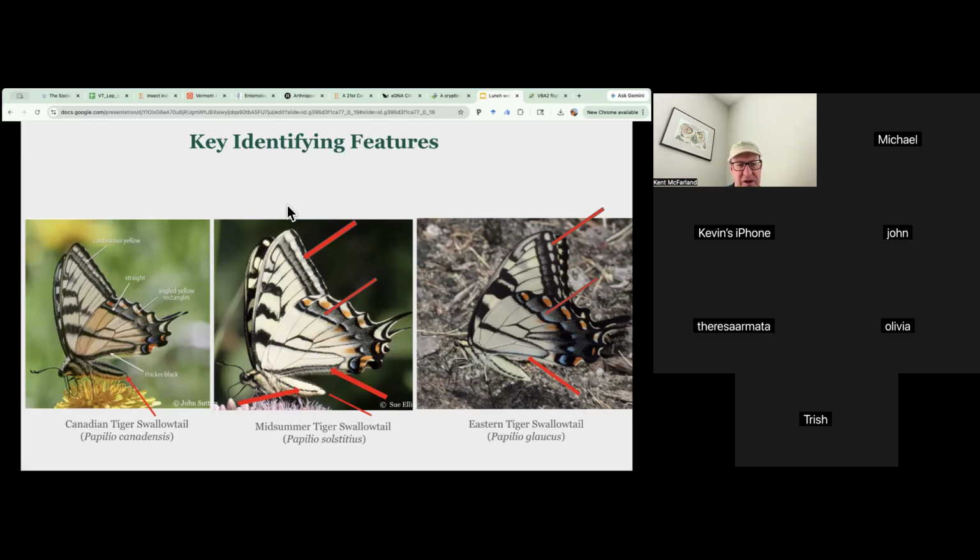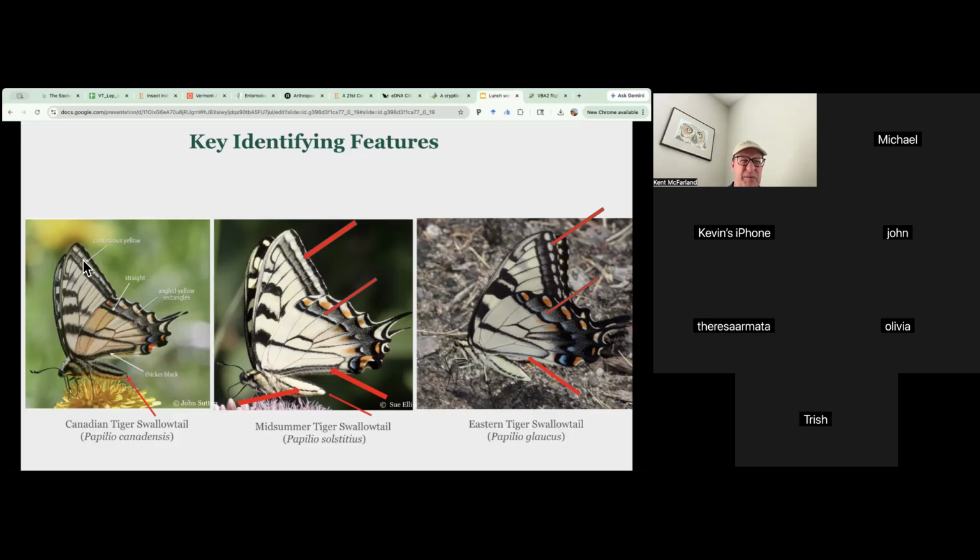So if you take a picture of a tiger swallowtail that's at the tail end of its flight period, and you only have the top of the tiger with its wings spread open as your picture on eButterfly or iNaturalist, then anybody else coming in to help identify that species is not really going to be able to. You really need to see this shot right here, the underside. So you either have to wait until the butterfly closes its wings and is nectaring like this, or you need to catch it and take a picture of its underside real quick and then let it go. But this is the shot you really need to have for some key identification features.